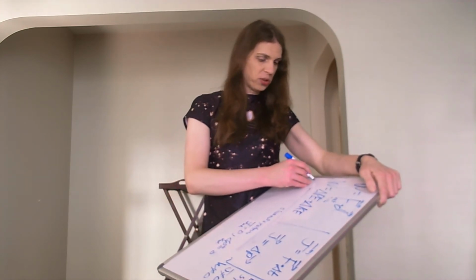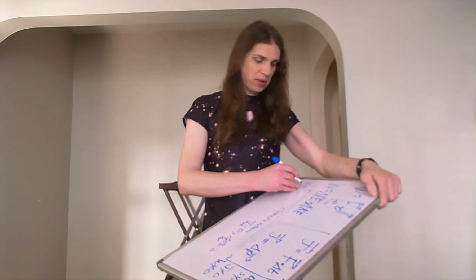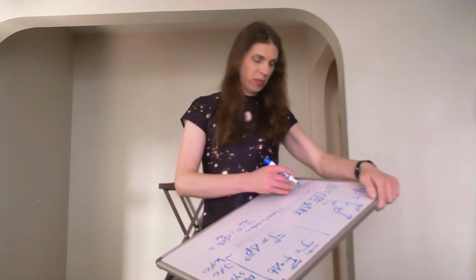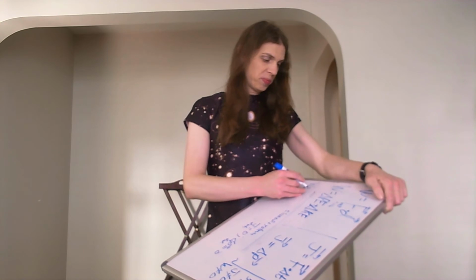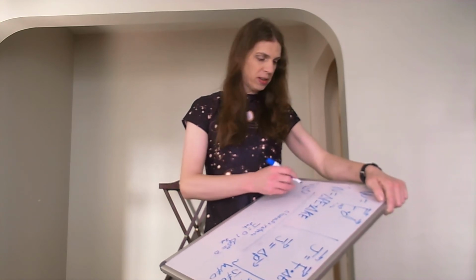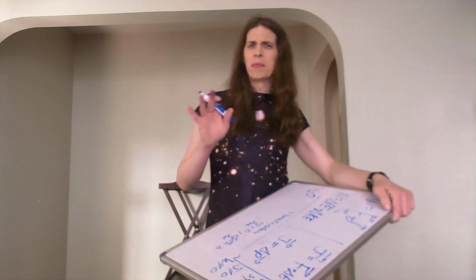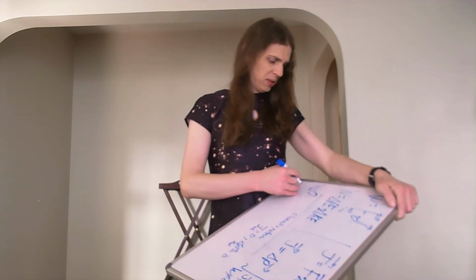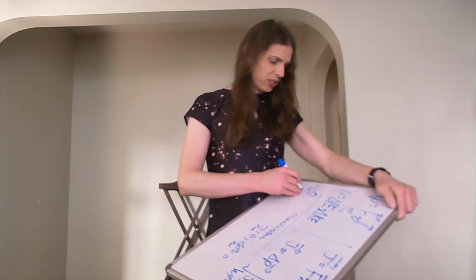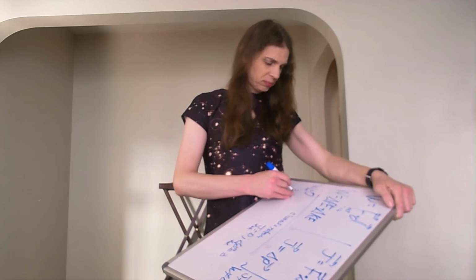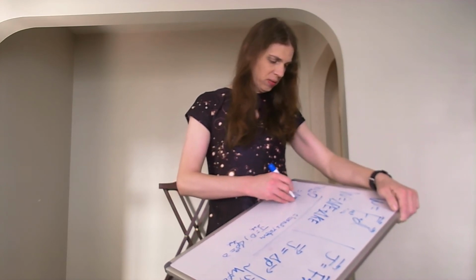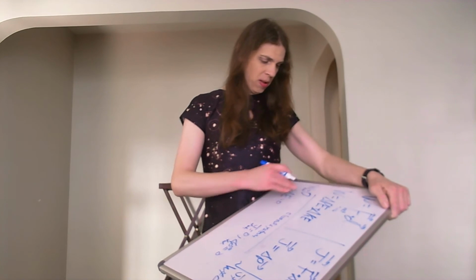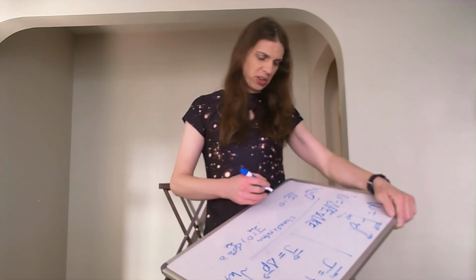But it's also true that in a closed system, our total work gets to be 0. I'm going to add some qualifiers to that in a bit. And so the total change in energy is 0.